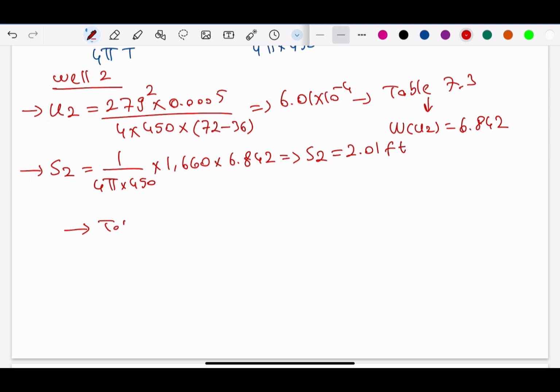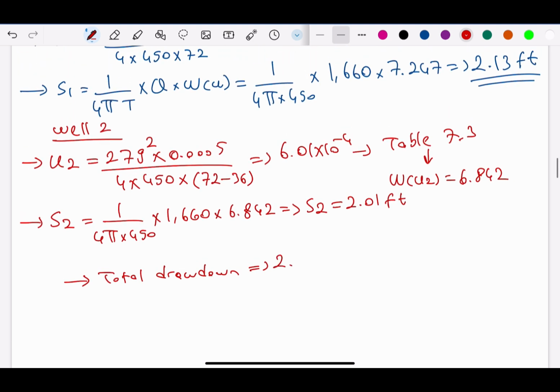So the total drawdown 2 days after the first pumping begins will be equal to 2.13 plus 2.01, which is 4.14 feet.